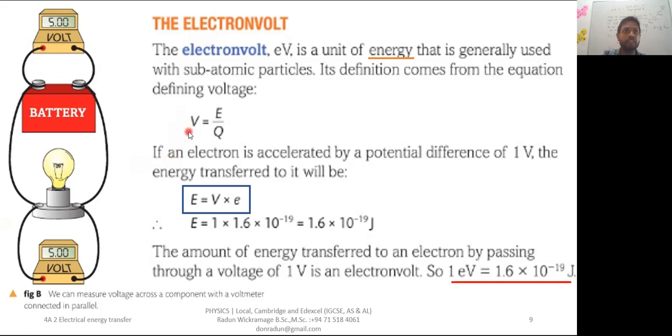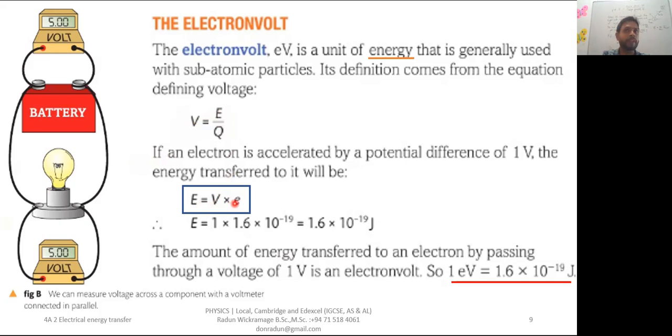So voltage is energy per charge. Here we have to refer to energy. So we will rearrange this equation like E equals V times e. Here e refers to the charge of the electron, which is negative 1.6 times 10 to the power minus 19 coulomb.